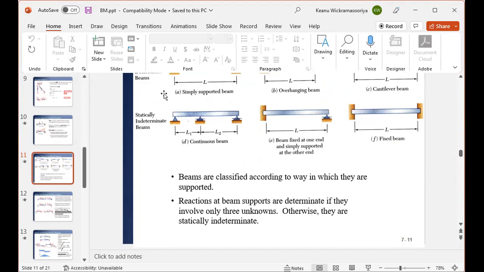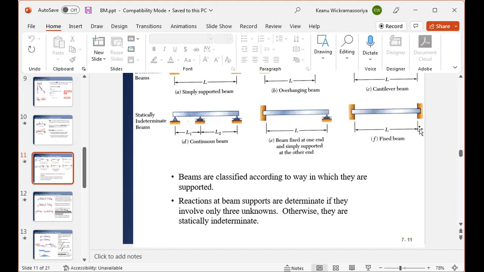So how can we compute when it is statically indeterminate? These things are there in our day-to-day practice. We will find these kinds of supports. If you come across such a thing, what to do?